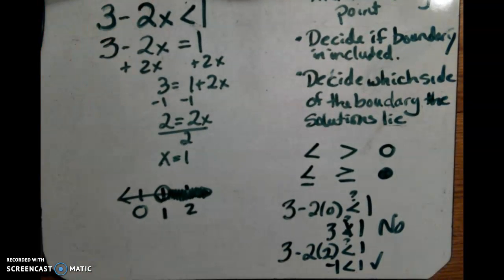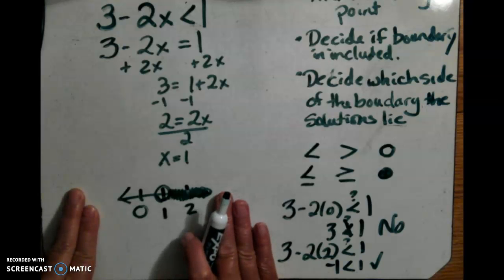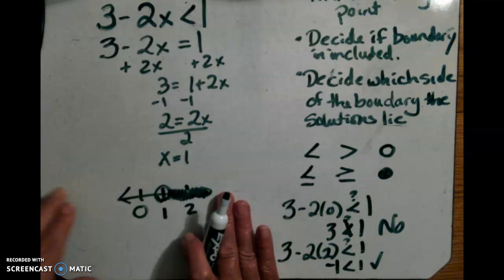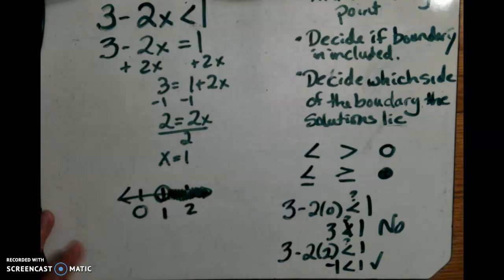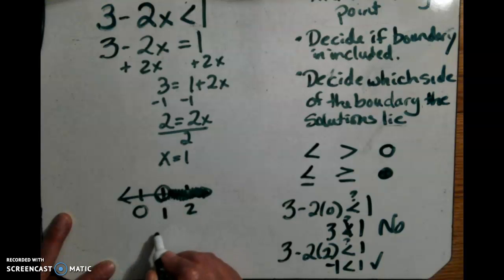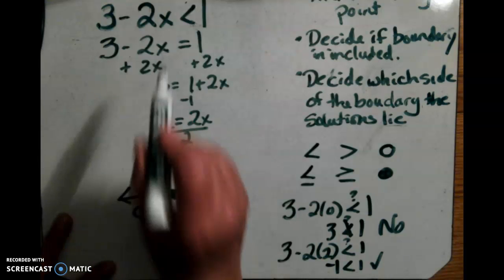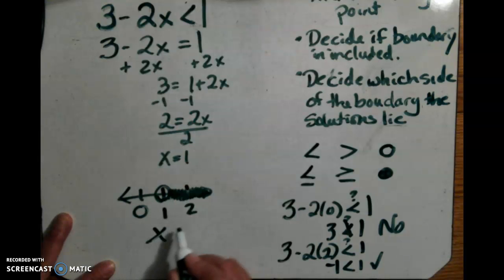So we did find the solutions to this inequality. So I have represented it graphically. So this is one way to represent it. But I also would like you to represent this as an inequality. So in writing out the inequality, all the values of x that make this true are all the x's that are greater than 1.